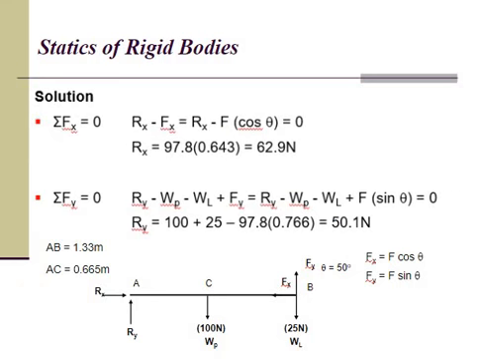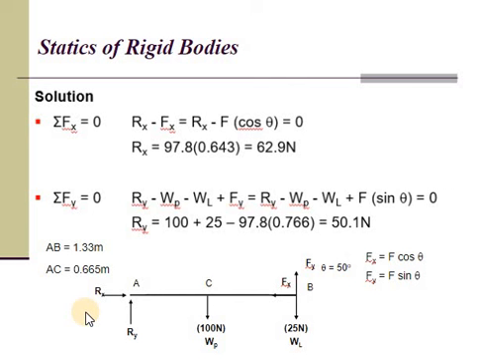Now the second step in the solution is to get sigma of x and sigma of y. When we take sigma of x equals to 0, we get Rx equals to Fx. So this is the force and this is the reaction to it. So Rx equals to Fx, and these are of opposite directions.